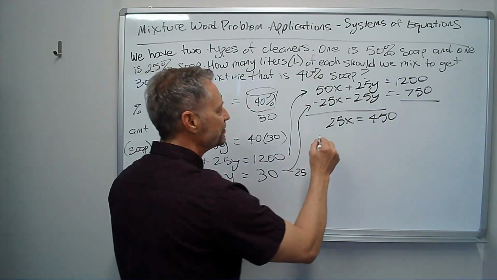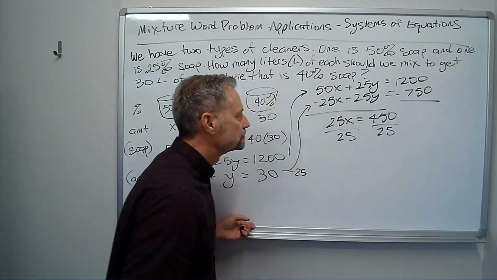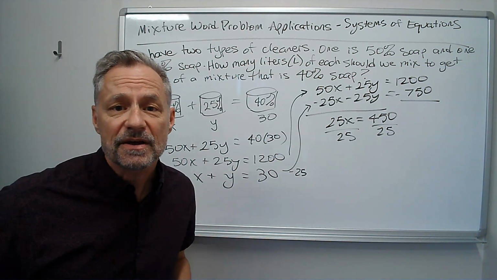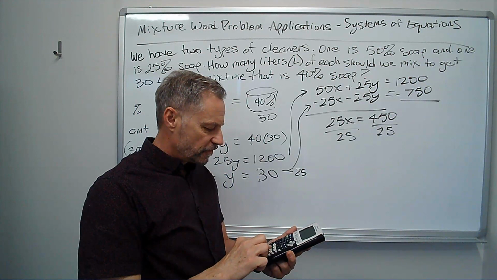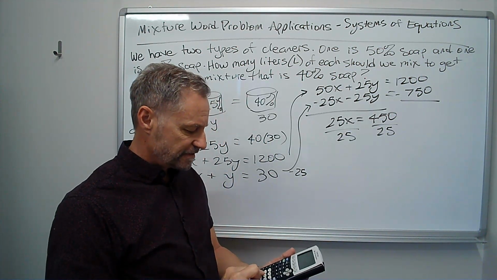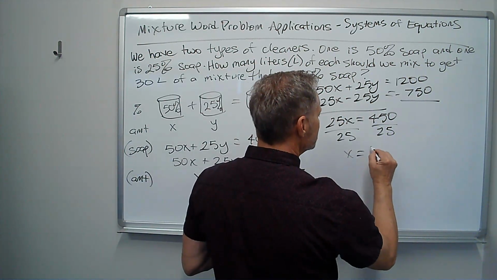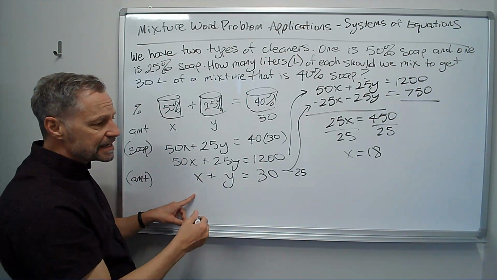And then divide by 25. All right, let's use the calculator for this one. So I've got 450 divided by 25, 18. So x equals 18. And then to find y, I'm just going to plug the 18 in here.